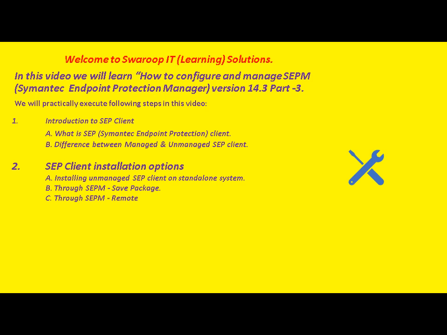And the third option is through SEPM, we will see how to install the managed client through the remote push option. So options B and C are for the managed clients.